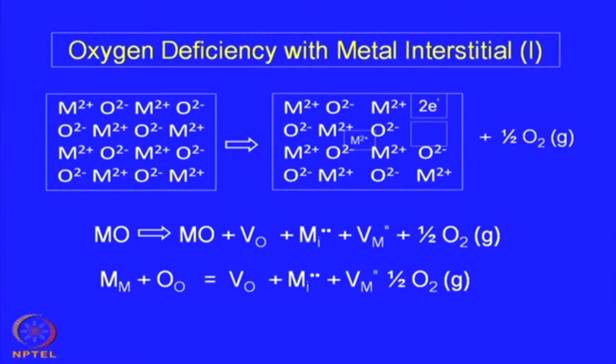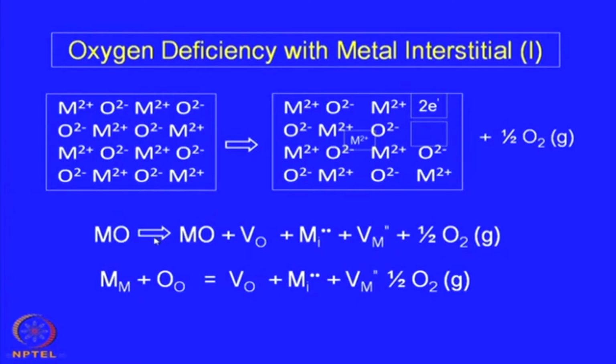Since the regular lattice site has been changed, as we mentioned earlier, once the lattice site is not there or it has been eliminated, the corresponding oxygen lattice site also has to be eliminated. Okay. So, that oxygen has actually gone out. Metal has gone there and the corresponding oxygen cannot sit there just like that. So, it has also to go out, right. So, that is how you create a metal interstitial.